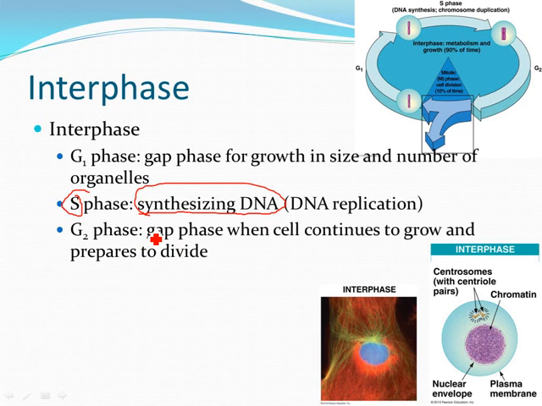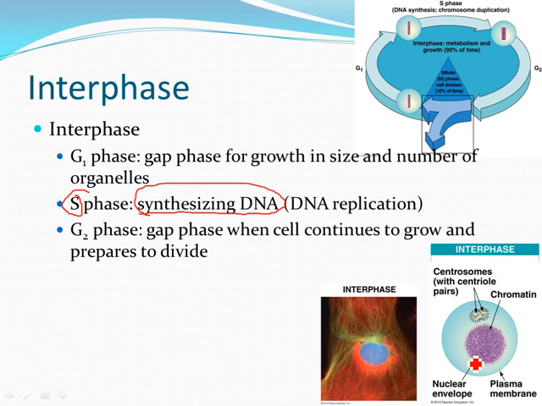G2 phase is also another gap phase, and this is where the cell continues to grow in preparation for cell division. It has to be big enough to be able to divide itself. And once again, what is the form of DNA in this particular case?